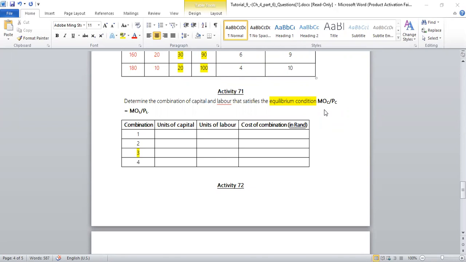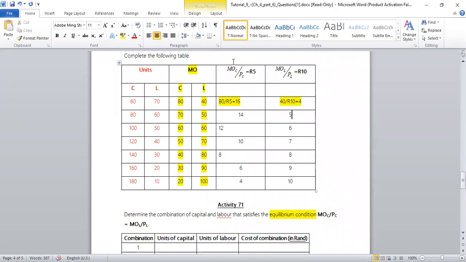That is where we say we have an equilibrium. So here we are asked to determine the combination of capital and labor that satisfy the equilibrium condition. So what are we looking for exactly here? We are looking where our capital is equal to labor. Let's go back.